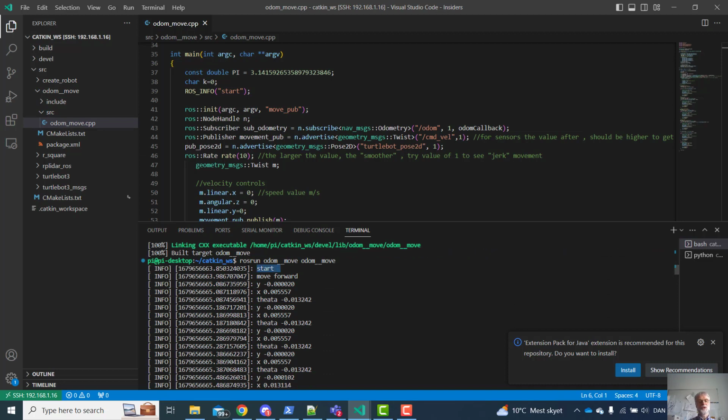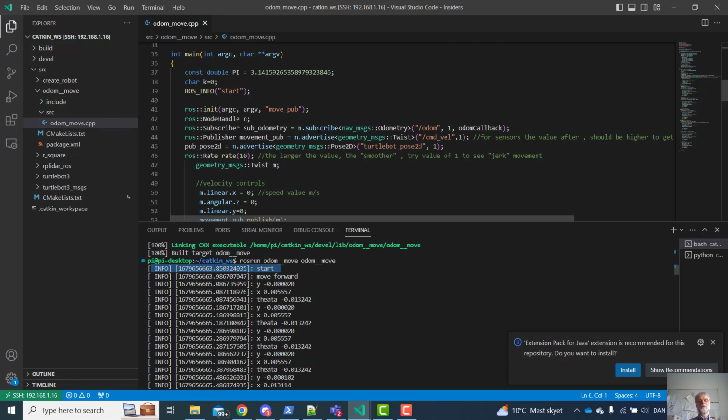And here you see the first one, it is start. Then, as I said, we need to subscribe to the odom topic to get the information about the position x, y, and the angle theta.